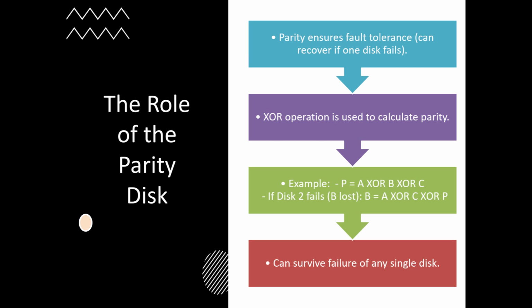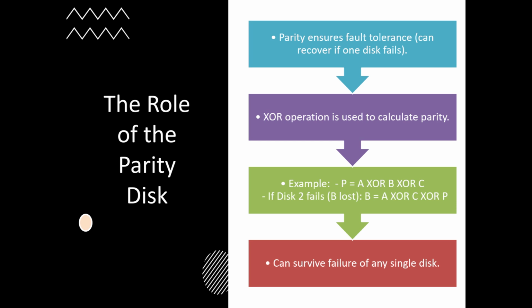Just like RAID 3, RAID 4 uses XOR based parity for every set of data blocks across disks. The system calculates one parity block. So, for data blocks A, B, C, a parity block P is calculated as A XOR B XOR C, and that is stored on the dedicated parity disk.